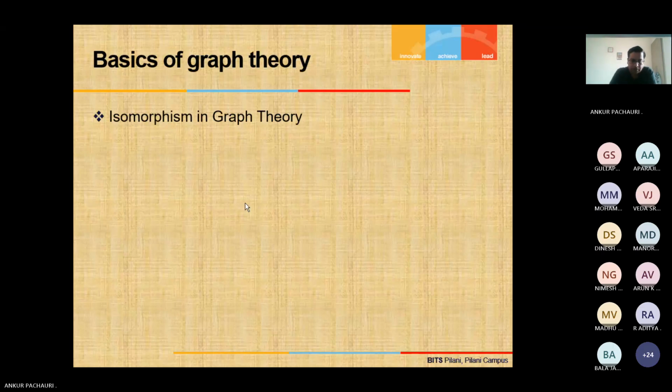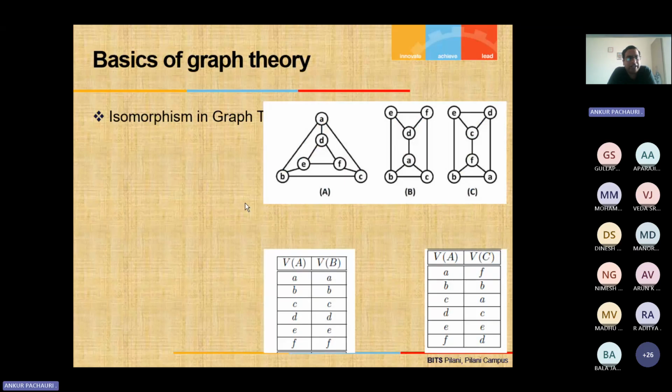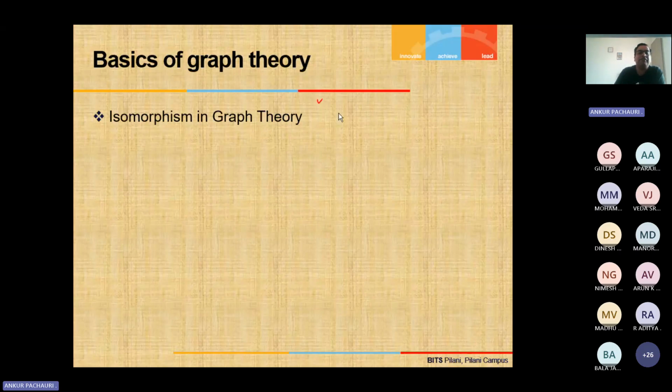Before moving ahead, let me tell you what the isomorphism problem is. You are given a graph. Let me give you an easy example first. One of the easiest examples that we always use to explain isomorphism is something like this.